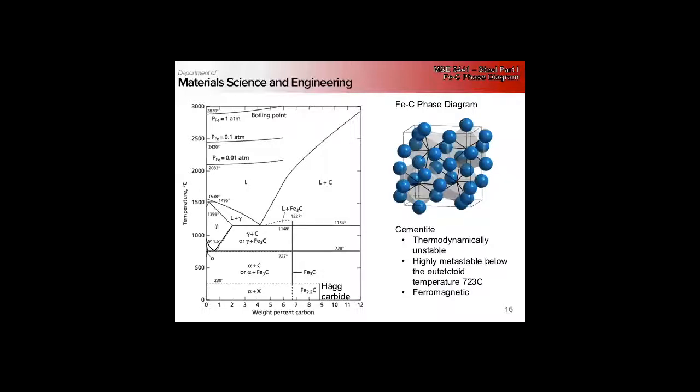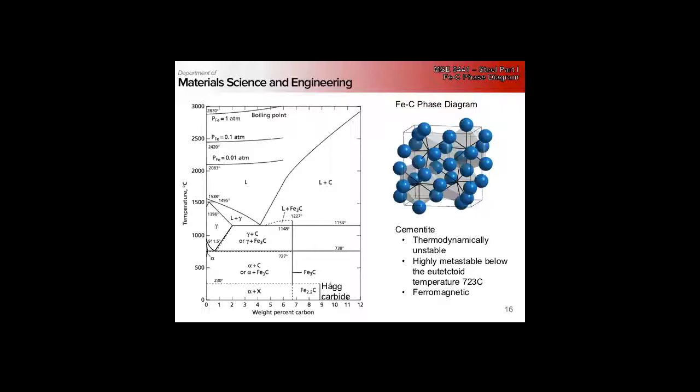Okay, so now we actually get into steel, right? So the iron-carbon phase diagram here. I assume everyone is at least mildly familiar with this. A couple things to point out, right? So what actually is the equilibrium phase at low temperature?